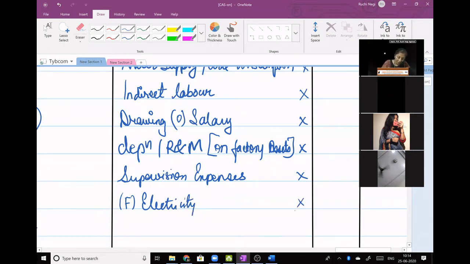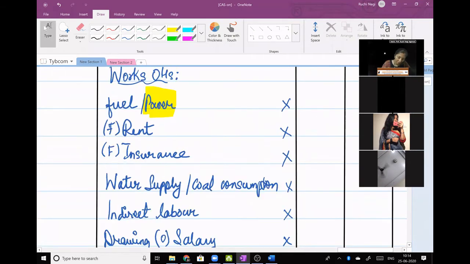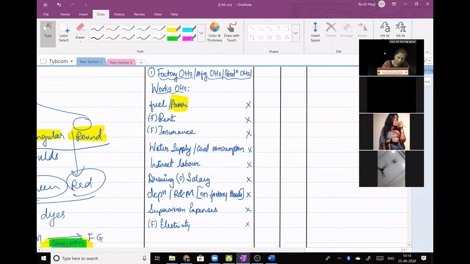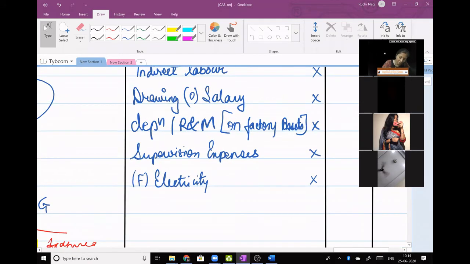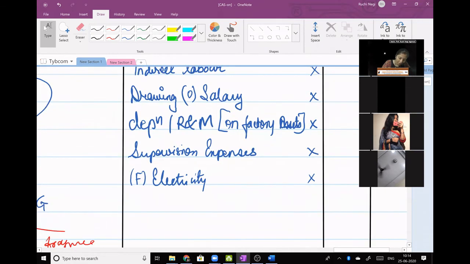Okay. Right, so these are the probable items. One more thing which will be new for you all. Works manager salary.